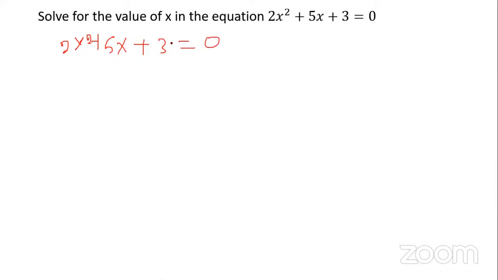So we made a mistake and went on with 6 here, but it was supposed to be 3. So this is 2x squared plus 2x plus 3x plus 3 equaling to 0. Then we do the grouping.